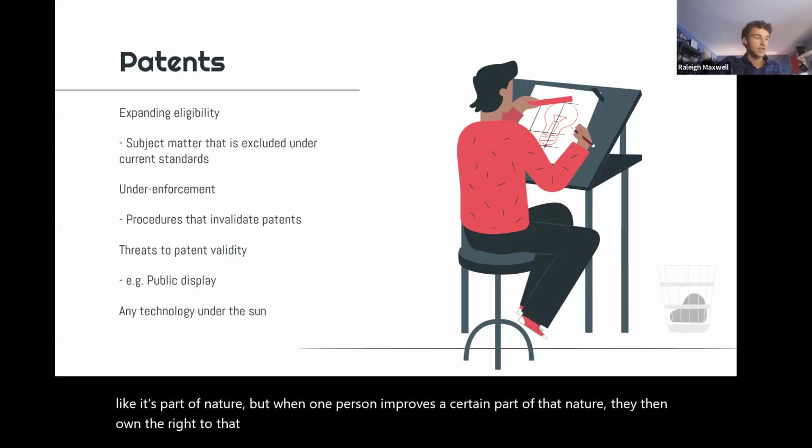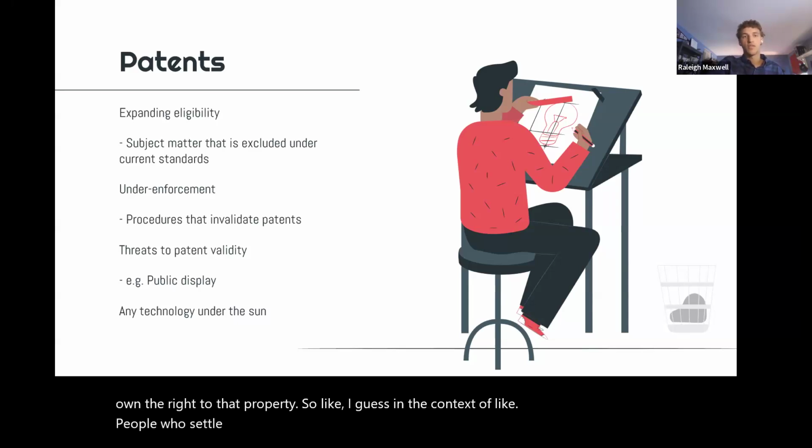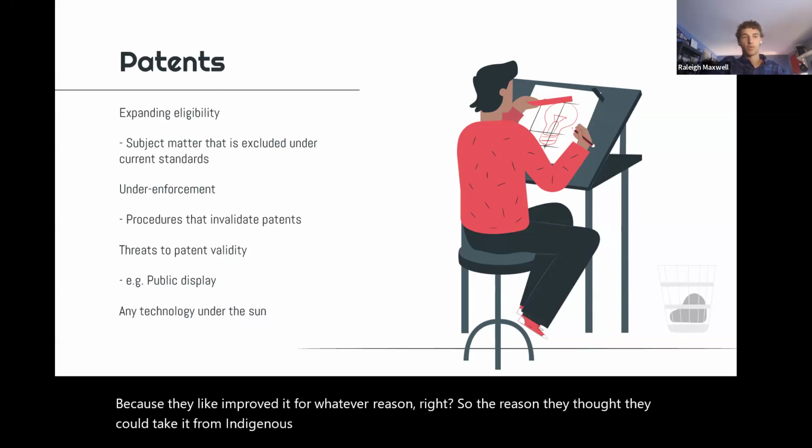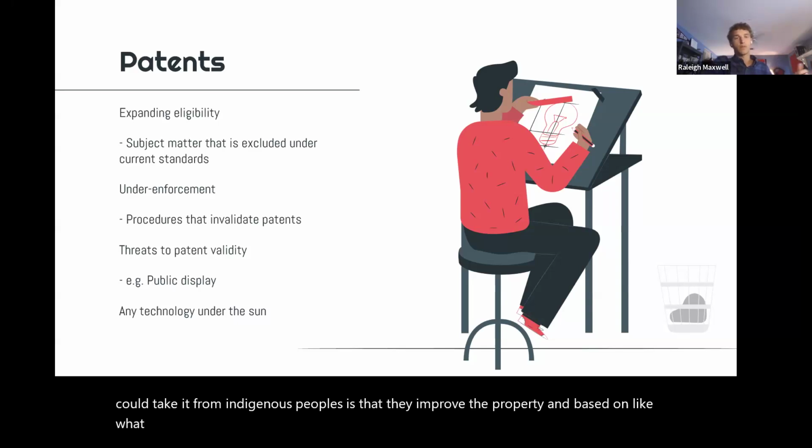In the context of people who settled the Americas, they believed they had the right to the property because they improved it. The reason they thought they could take it from indigenous peoples is that they improved the property, and based on what they understood to be property from John Locke's theory, they thought that was their own property. That's what a Lockean ontology is.